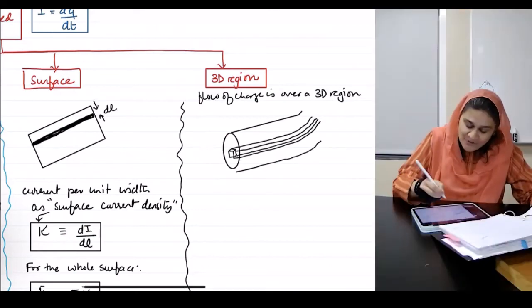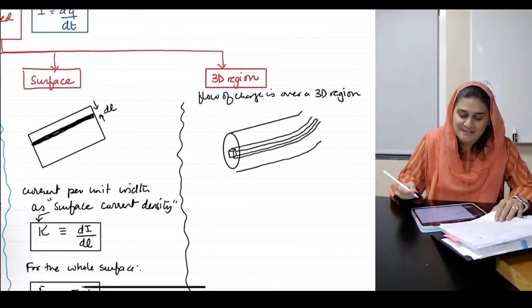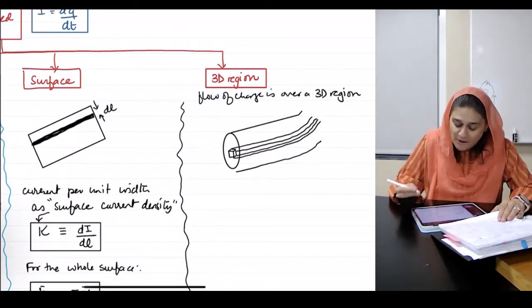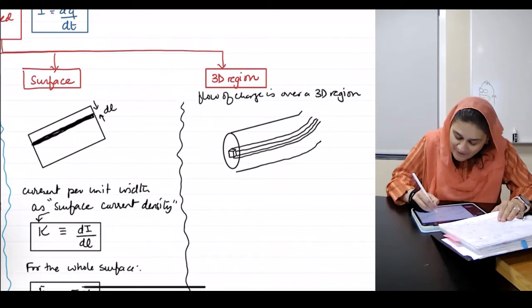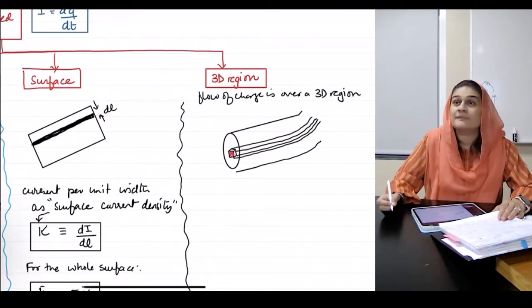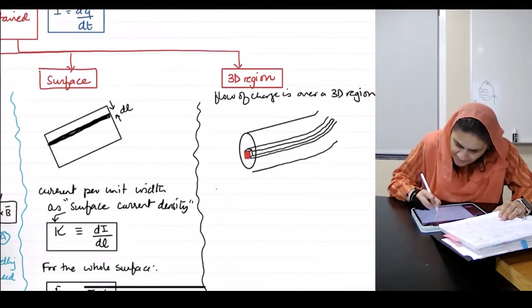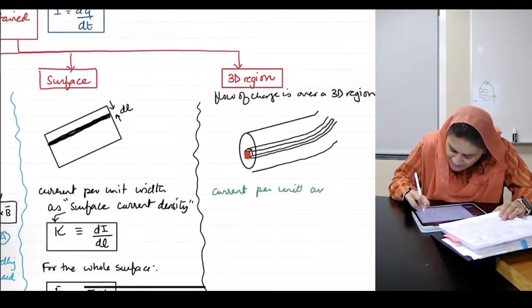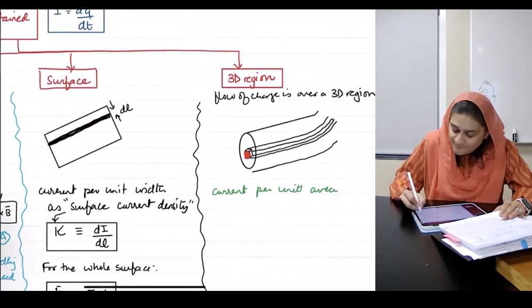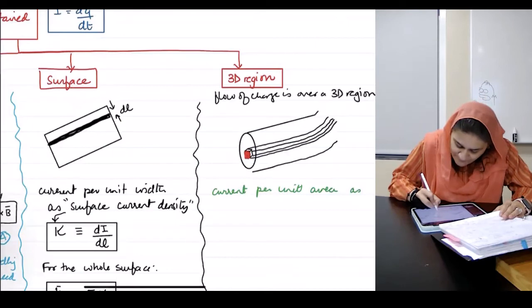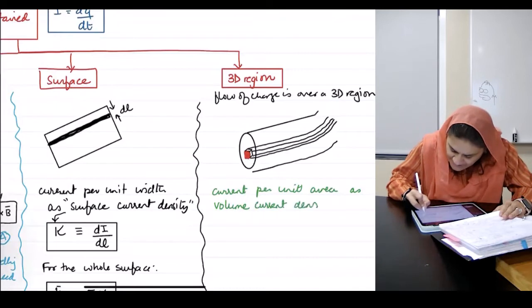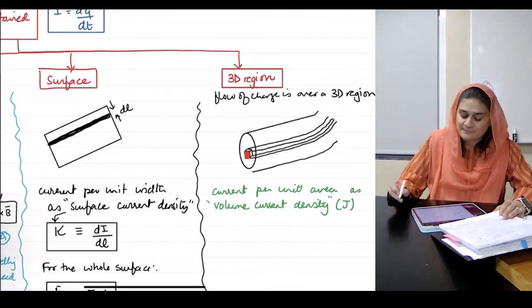So in this case, the volume current density will be the current per unit area, the current per unit area that we chose as the volume current density, and we call it J. That's how they define it.